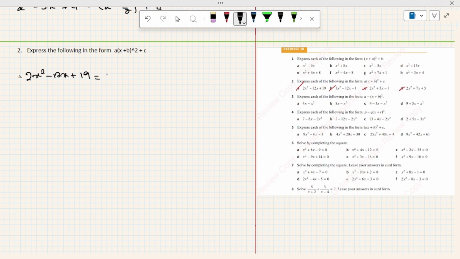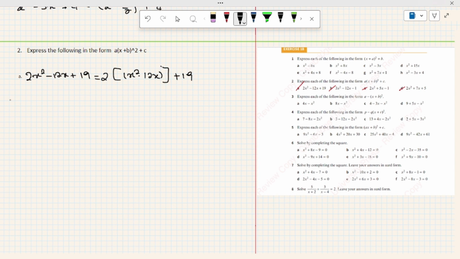The first thing you do is see that this is 2 and 12, and that 12 is a multiple of 2. So you take 2 outside the bracket, then x squared minus 12x, plus 19.